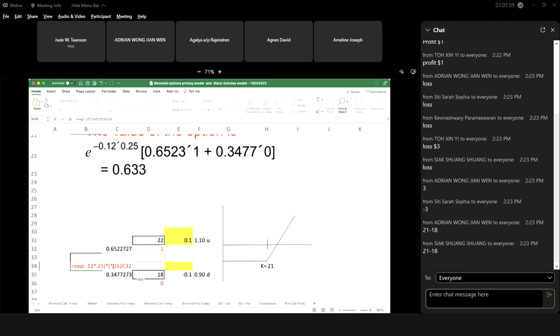I repeat one more time: this probability times this amount, plus this probability times this amount. I'm not sure whether my formula is correct or not. Let us check together. Yeah, correct. 6.3295. Any question?